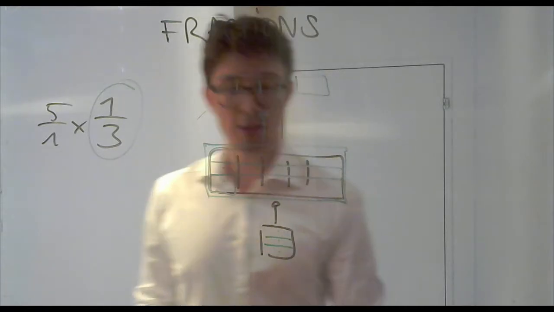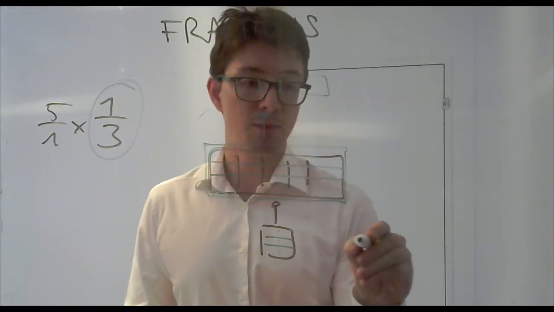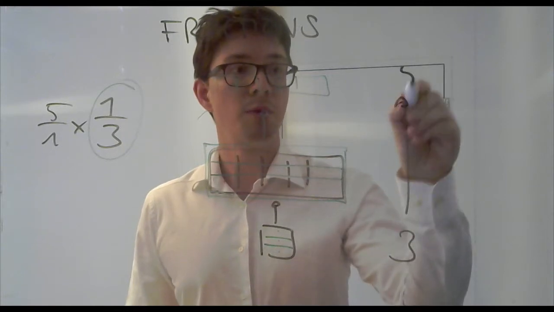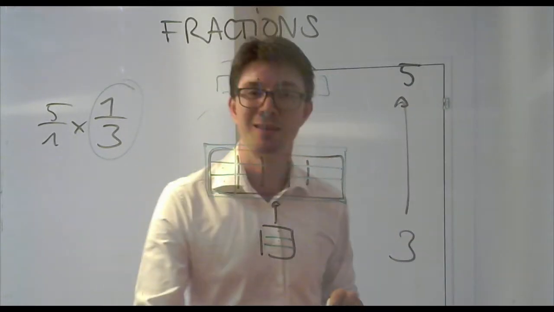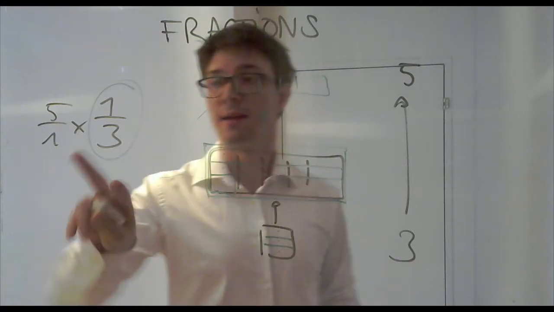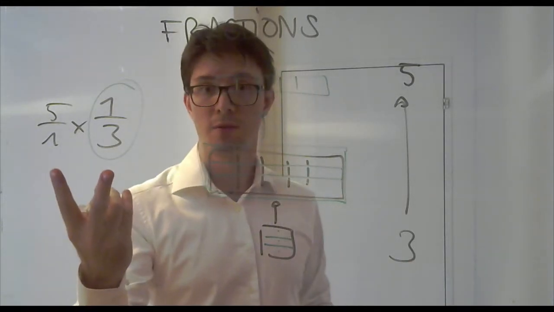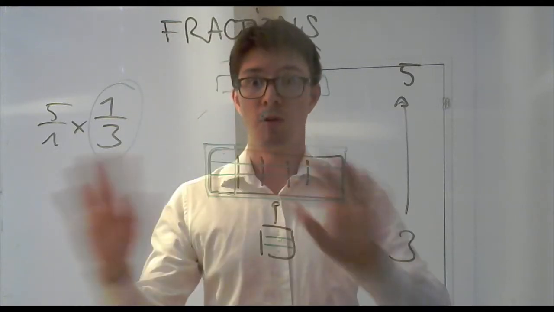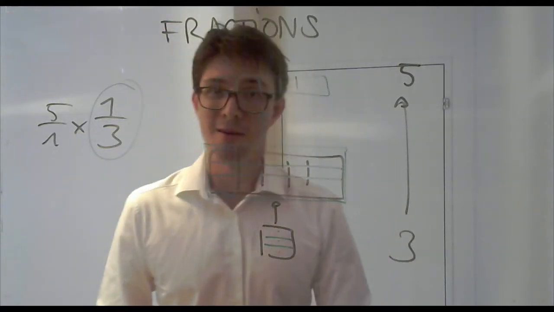So what did actually happen? We had something that we divided into 3 equal parts, and then we retained 5 equal parts. So it's exactly the same operation, the same effect as the multiplication in the reverse. So these multiplying and dividing machines commute when we multiply them together.